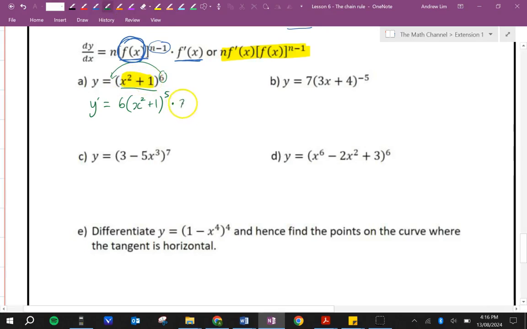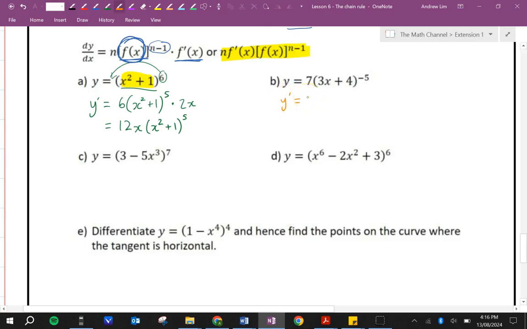I get 2x. So my final answer is 12x bracket x squared plus 1 to the power of 5. Right, so this is a lot quicker than writing let u equal this, y is equal to u to the power of whatever, du/dx, dy/du, and then times them. Okay, this is much quicker. Right, so let's have a look at question B.